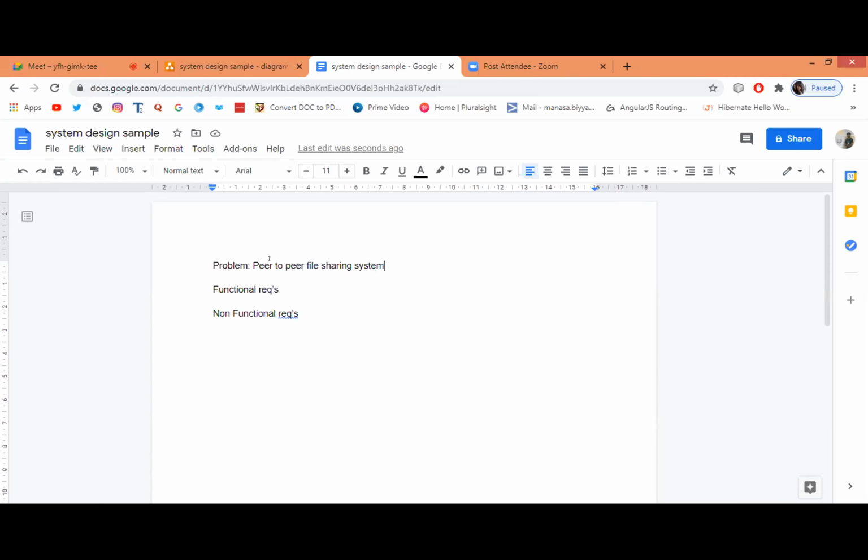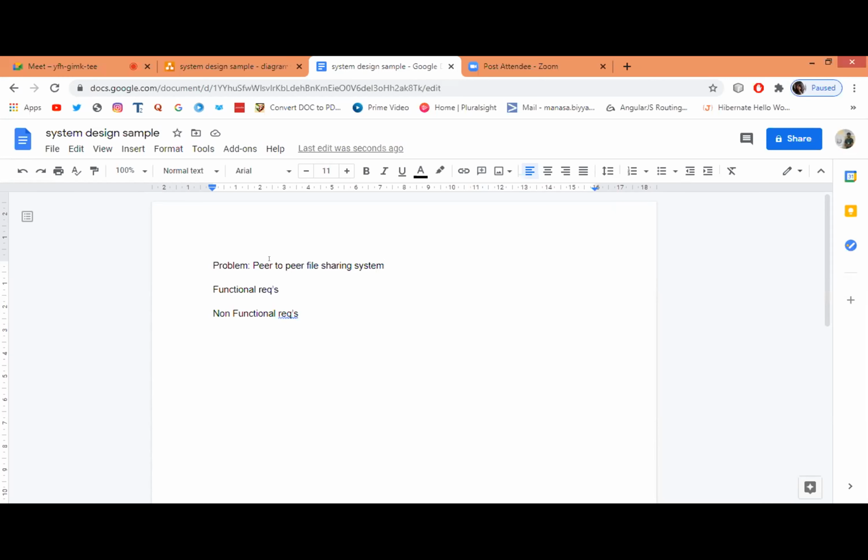Is it going to be something like Google Drive or Dropbox? Why do you think it's a peer-to-peer system? It's not peer-to-peer actually, right? We keep files in one centralized system and then we pull from there.